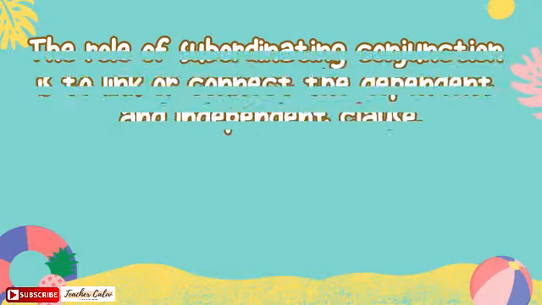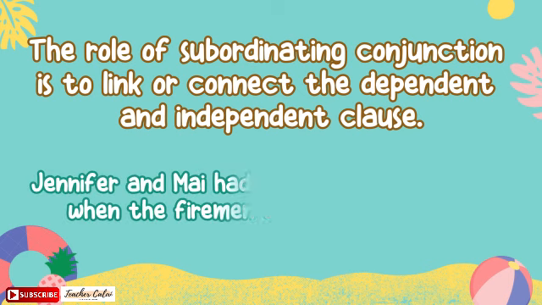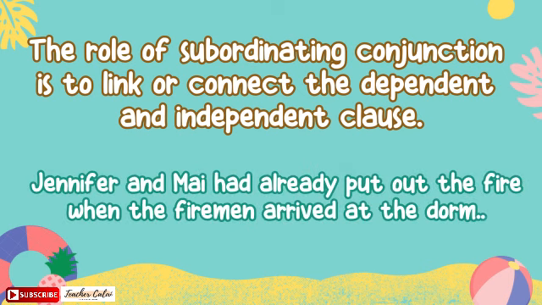The role of a subordinating conjunction is to link or connect the dependent and independent clause. Example, Jennifer and Mai had already put out the fire when the fireman arrived at the dorm.